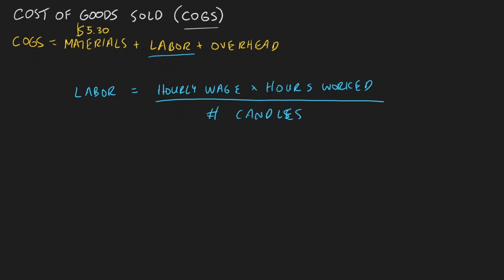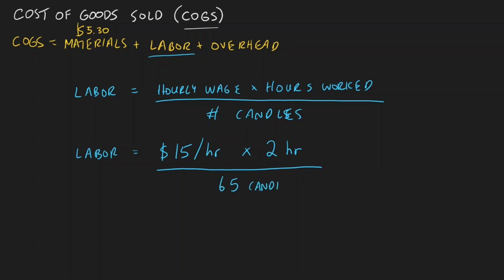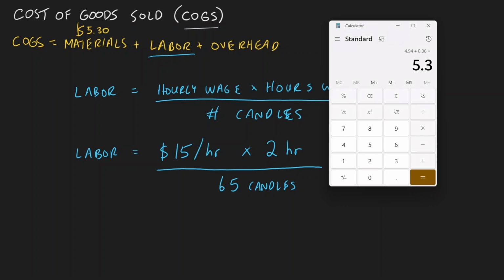So if we say, for argument's sake, that our hourly wage is $15 an hour, and we work for, let's just say 2 hours, and in that time we can batch out and create about 65 candles, then our final number for labor on this estimate is $15 an hour times 2 hours divided by 65 candles.